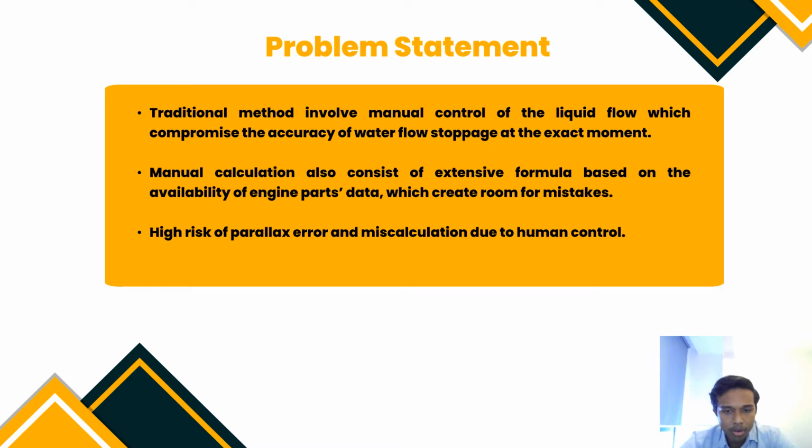With all these data and numbers, it is really hard for mechanics to record everything because there will be 7 to 8 different data, all of them numbers. They have to jot everything down, put it into the calculator, count it, and then write it down again. So there is a lot of room for mistakes to happen.